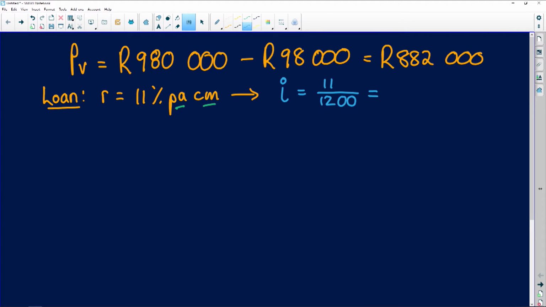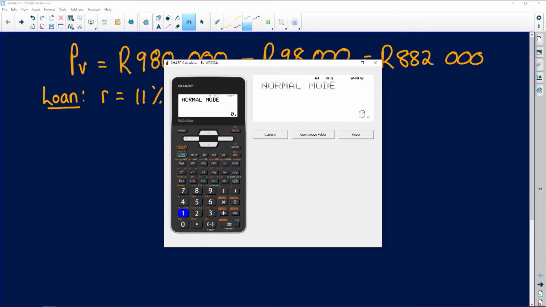If we do that on our calculator, let me just get our calculator out here. We want 11, and we want to divide it by 1200. Now, folks, you can see if you change it to a decimal, it is 0.00916, and the sixes recur.